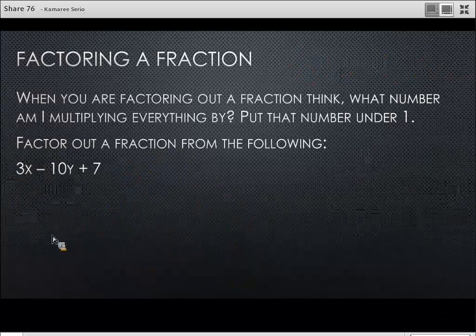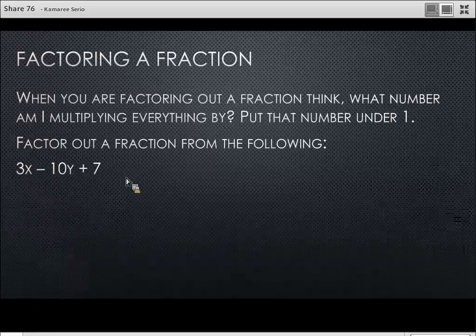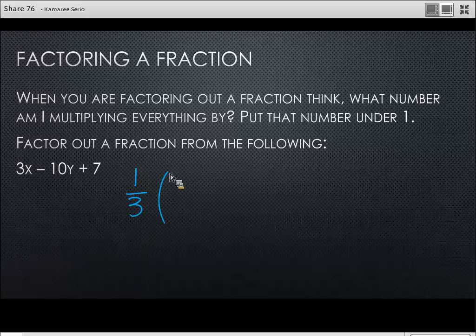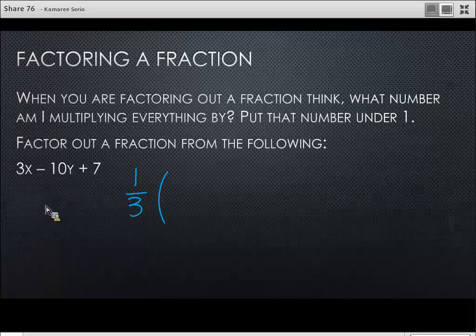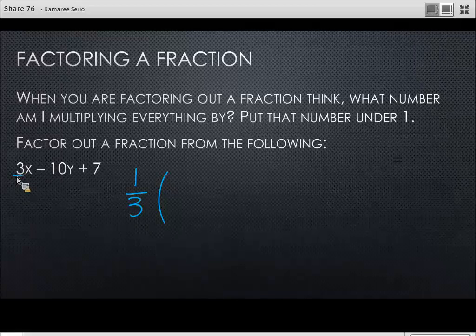So here's another. For this one, let's factor out a 1/3. Now with fractions, it's kind of forgiving because you can really pick which fraction you want, right? If I wanted to pull out 1/2 here, I could and just multiply everything by 2. But let's try 1/3. Since I'm pulling out a 1/3, I need to multiply all of my numbers here by 3.